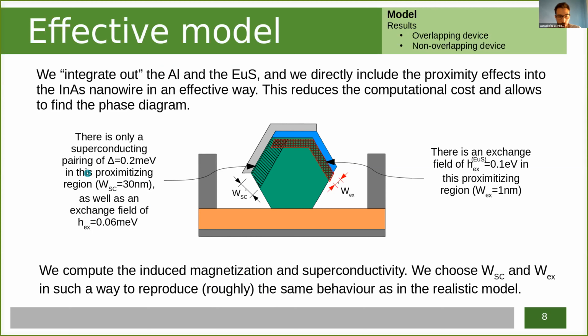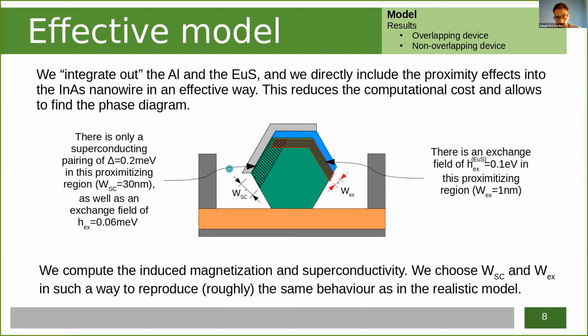The ultimate reason why this width is larger for the superconductor than for the europium sulfide is that the superconductor is a metal, so it attracts the wave function inside the aluminum.